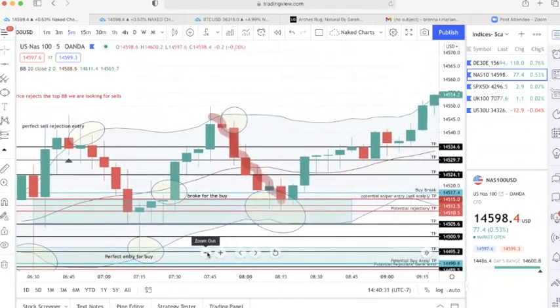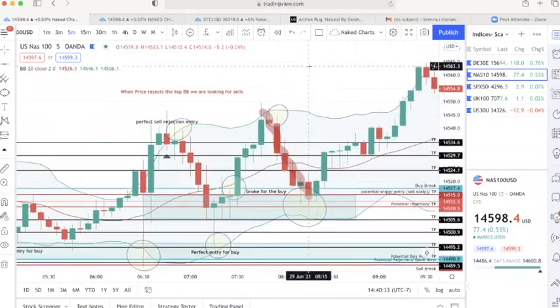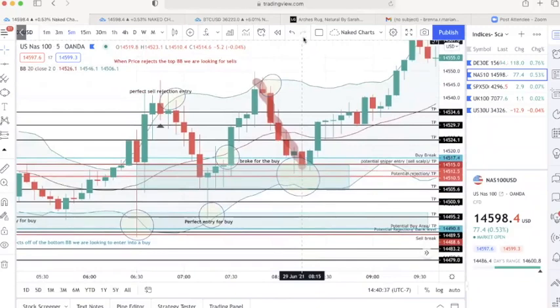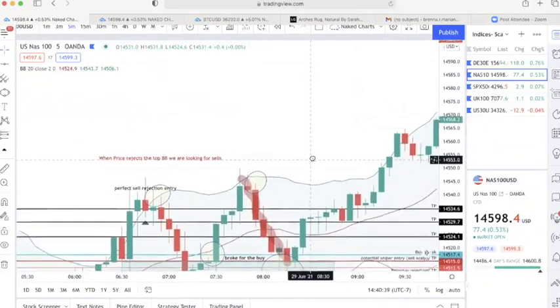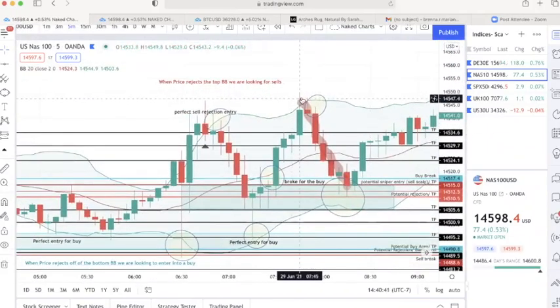Wait, sorry, say that one more time, because if you look at the wicks on the outside, say the blue bullish candle, the wicks are outside. Yeah, the wick is outside the Bollinger Band, and when it wicks back in, it closes below it. That's what you want to see: momentum dying down from the buy towards the sell.